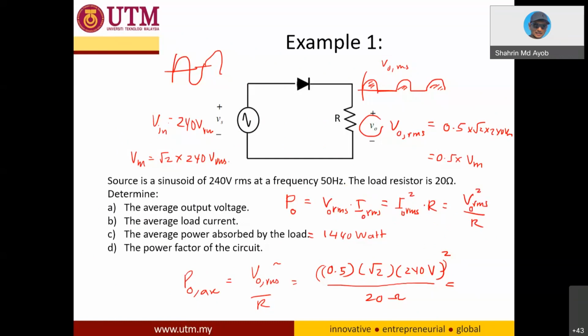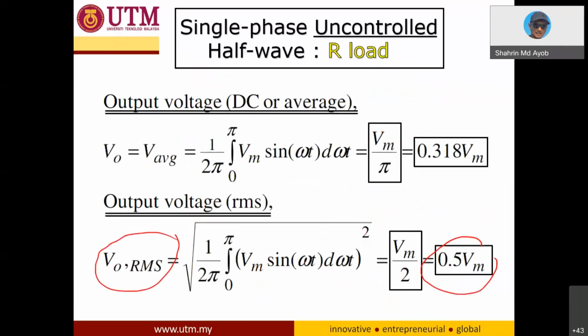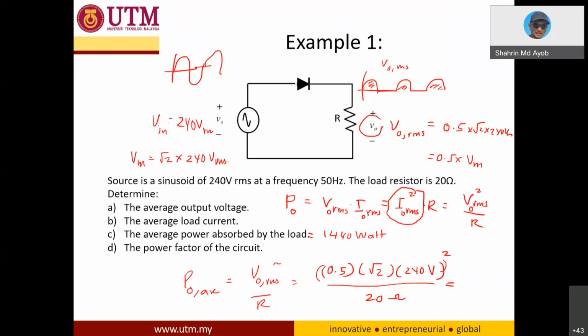But right now, we don't have any information about how to calculate your current RMS. We only have the equation that relates V out RMS. That's why we are using the third equation. There is an equation: IRMS equal to VM over 2 multiplied with R. Can you repeat that?